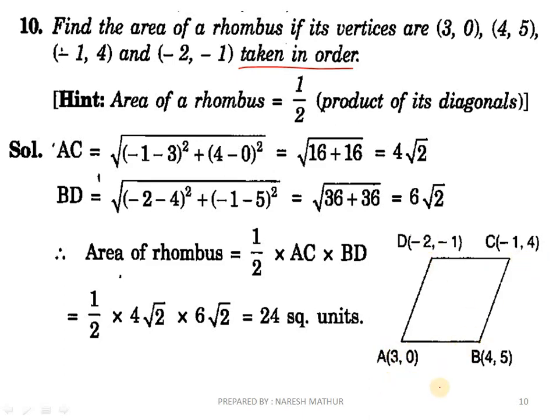Alright, always take them in a flow. Then just join the diagonals and we can get the lengths of AC and BD by the simple distance formula. So we can find the area of the rhombus equals half into the product of its diagonals, and we have the final answer.